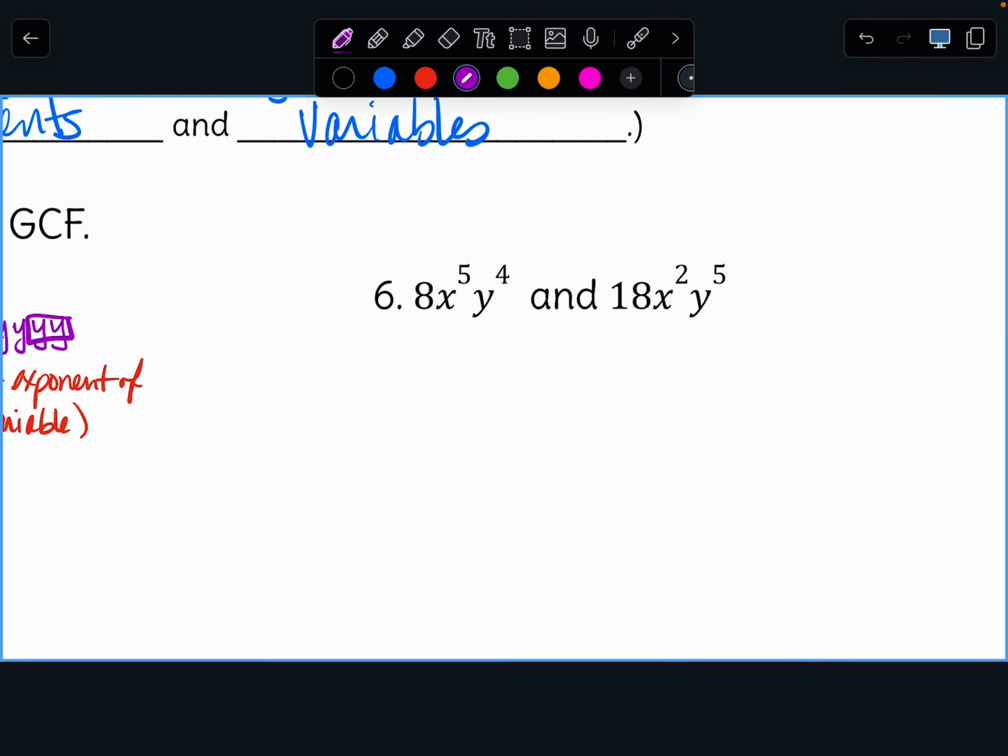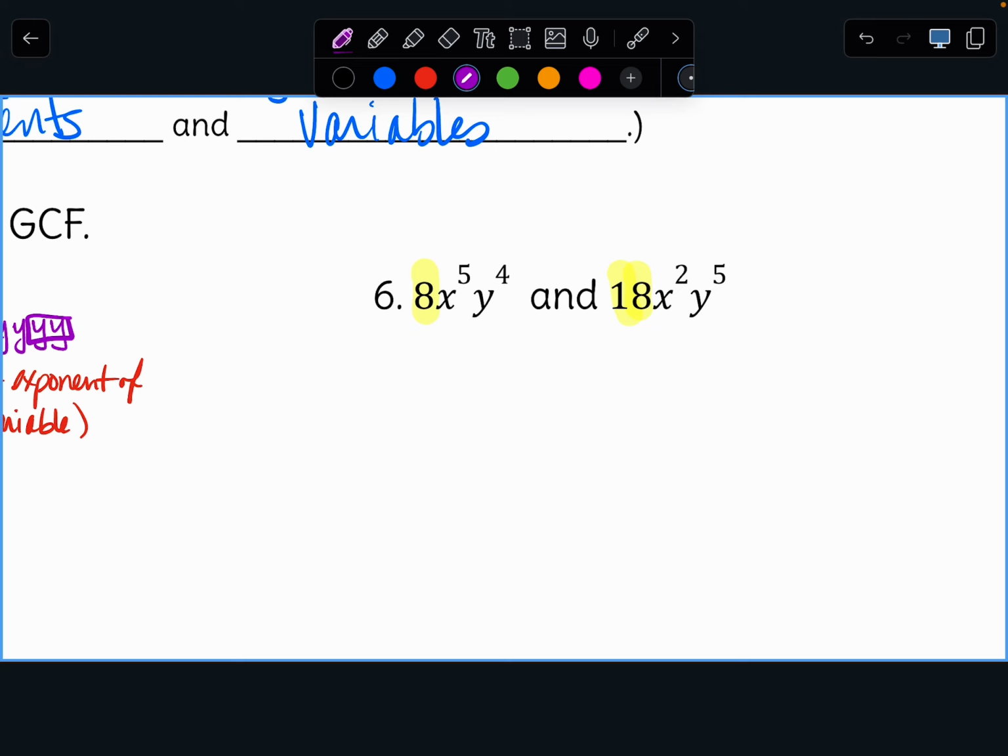Now we have one where I have coefficients and variables that I need to deal with. So looking at your blue card, we can do this 2 ways.